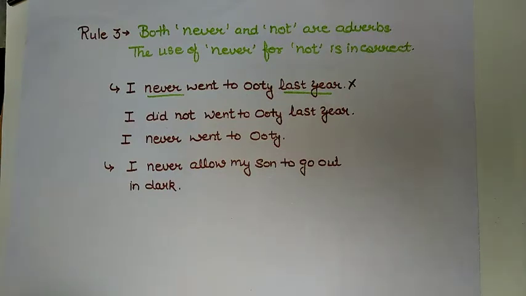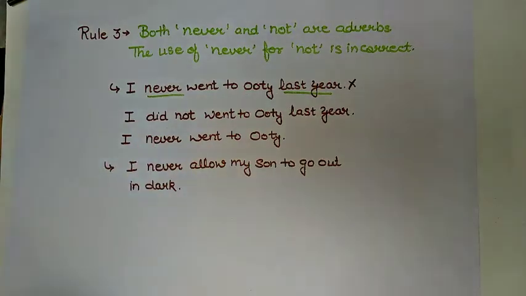If I say I never went to Ooty, I mean I haven't gone to Ooty ever in my life. But if I say I did not go to Ooty last year, I mean that I have gone to Ooty sometime in the past but not in the last year.